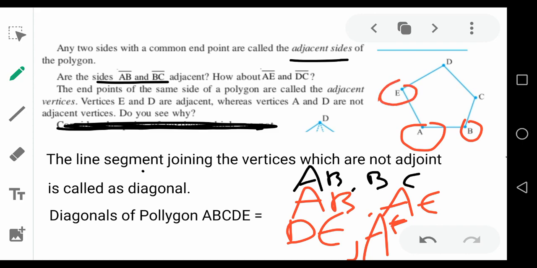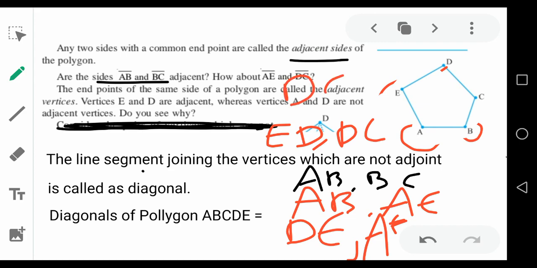Now coming to ED and DC, they are the next one. Okay, then which is the next one? DC and BC. These are the 1, 2, 3, 4, 5 pairs of adjacent sides of this polygon.